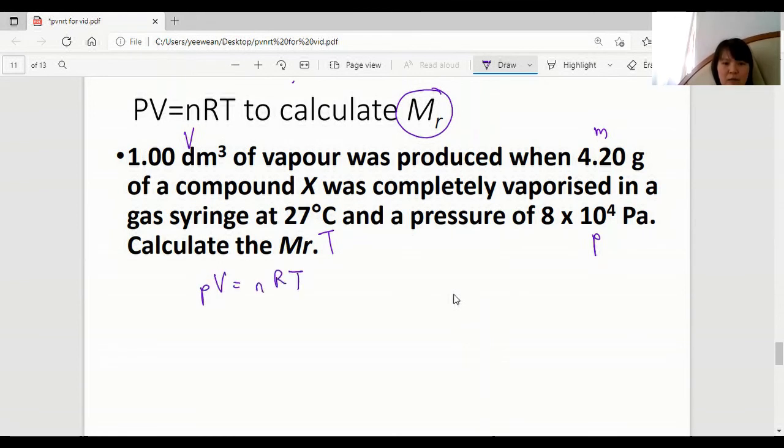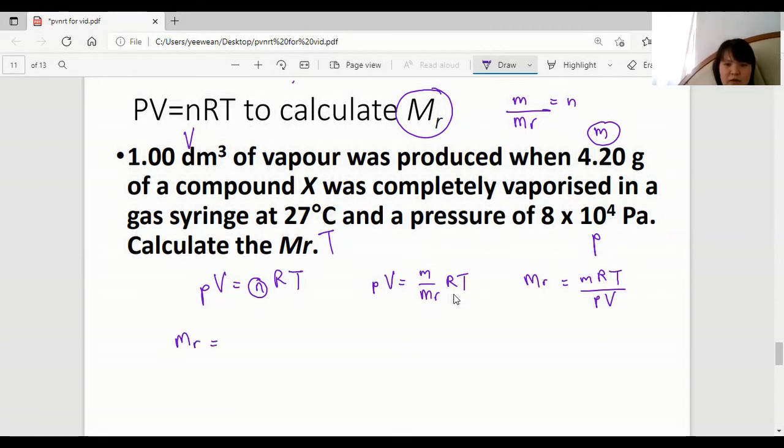How is number of moles related to M? M over MR equals number of moles. I'm going to replace that. So PV equals M over MR, times RT. Now I can move it to the other side. So MR equals MRT over PV. So I've got all the information I need.